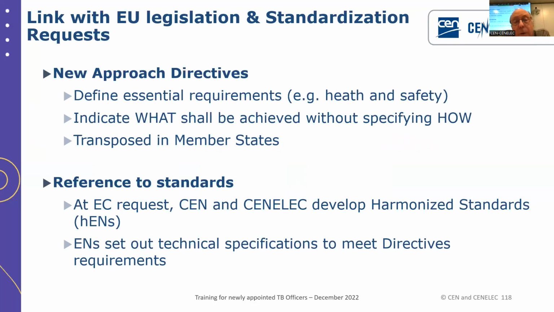Sometimes it happens in some legislation that the European Commission decides on their own to refer to some standard in their legislation, but this is heavily discouraged by the legislator, because remember the standard needs to remain voluntary.